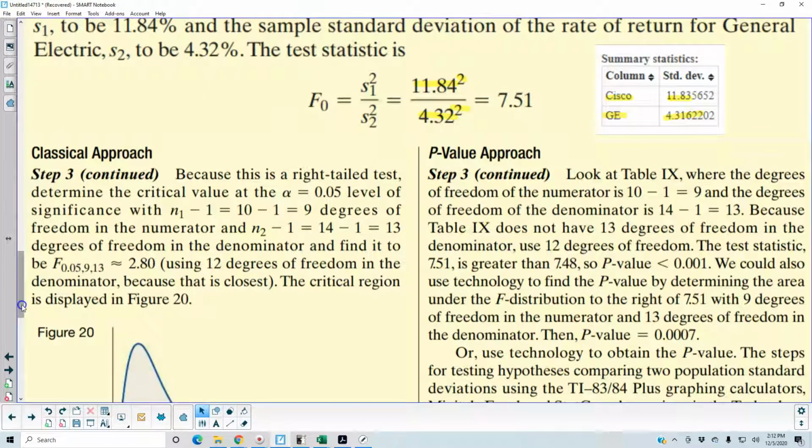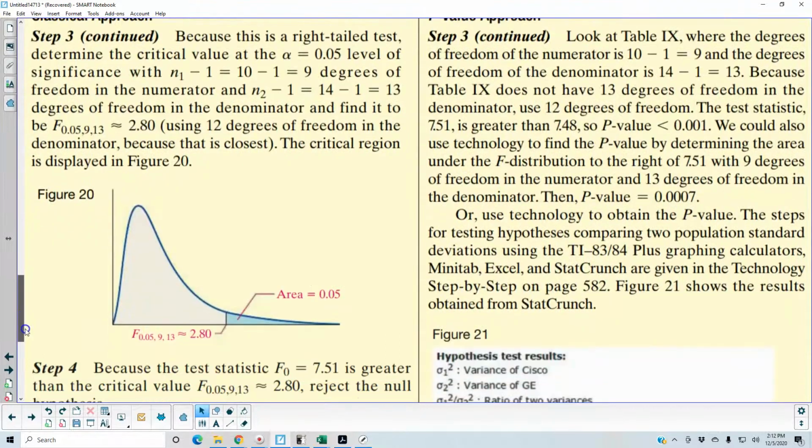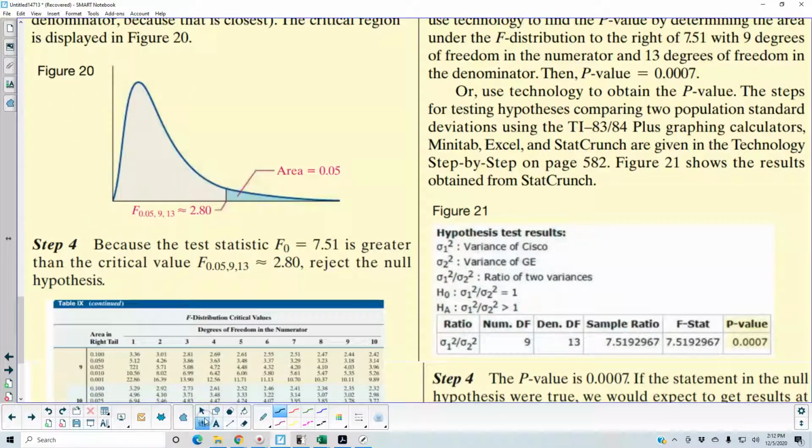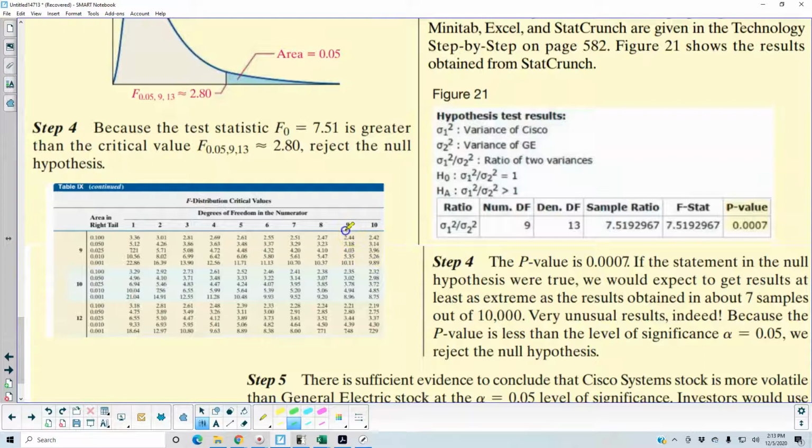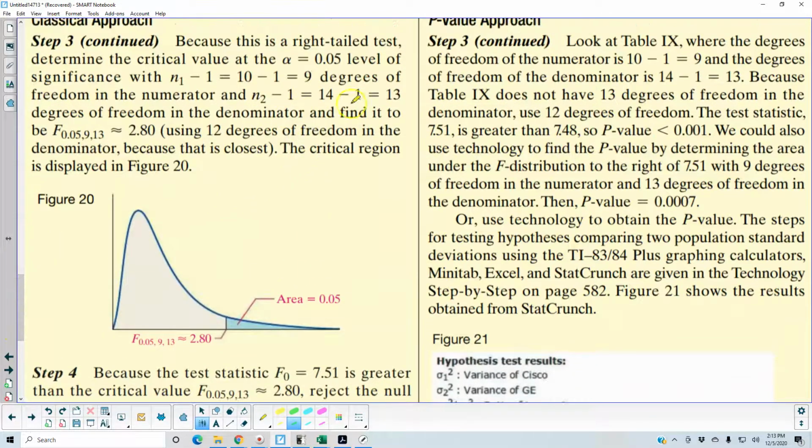So we have 9 degrees of freedom in the numerator, and for the denominator we're going to use 12 degrees of freedom because that is the closest in the table.